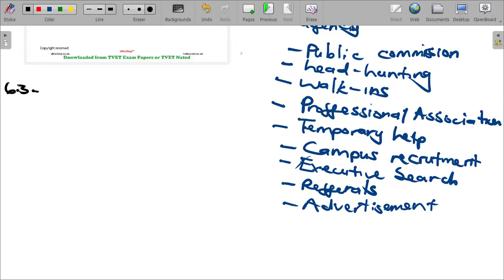For example, if they visit the TVET, they will interview candidates who are doing N6. Prospective employees from this source also include students who have been studying for the organization and maybe have bursaries from the organization.